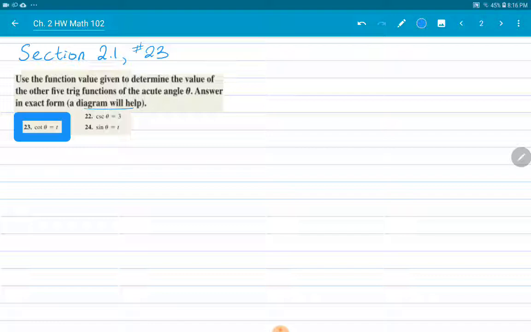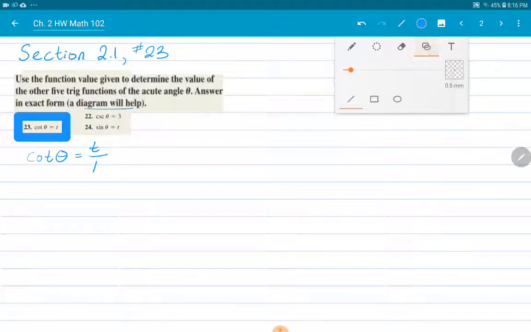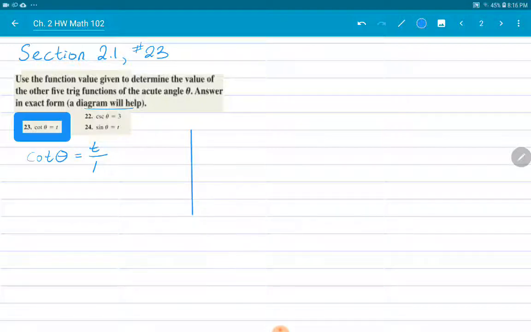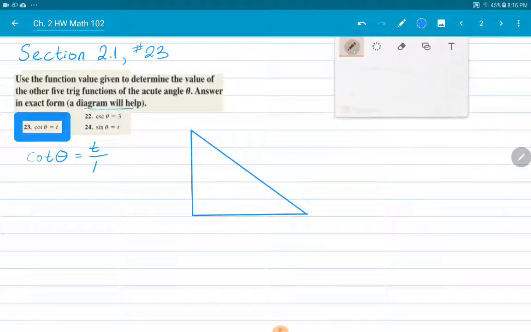So if cotangent of theta is t, then I'm going to write that as a fraction, t over 1, because I know when I do my right triangle, since theta is acute, I have a right angle here, and I can call either of the other angles theta.